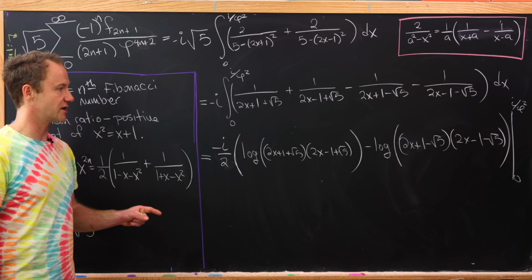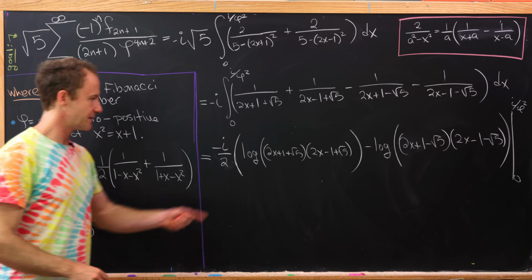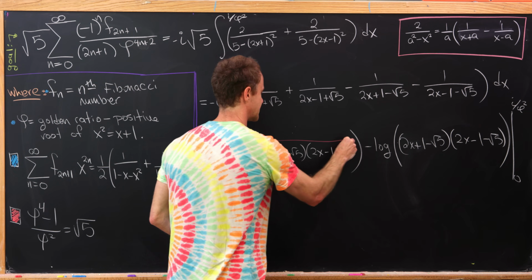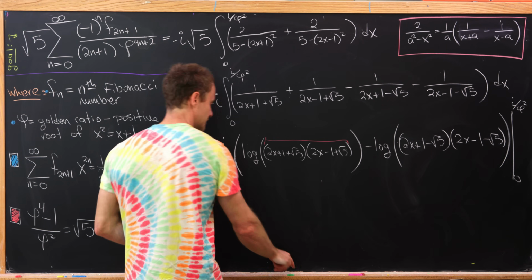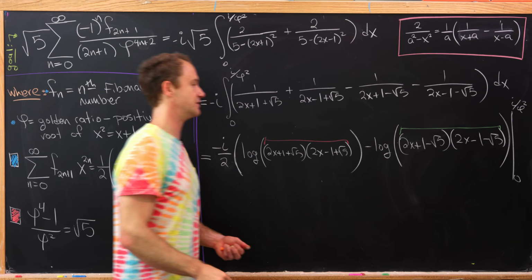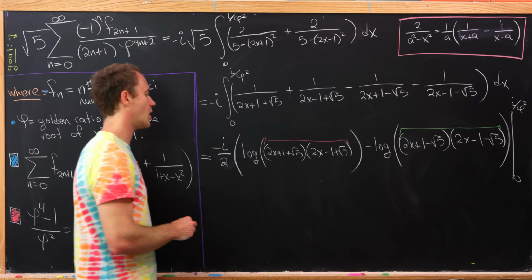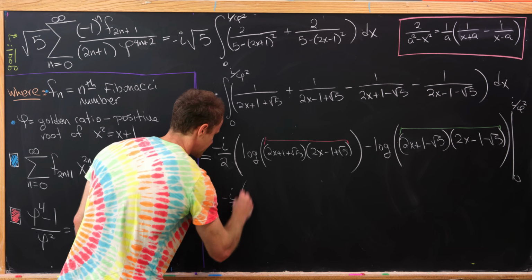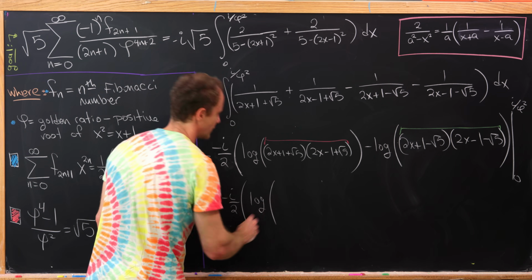Okay, so that's looking good. But next up, I'm going to push these two linear terms together. So I'll multiply those two together, and I'll also multiply these two together. I won't go through all of the details, but we end up with something that looks like this. So I'm just bringing down everything that we need.